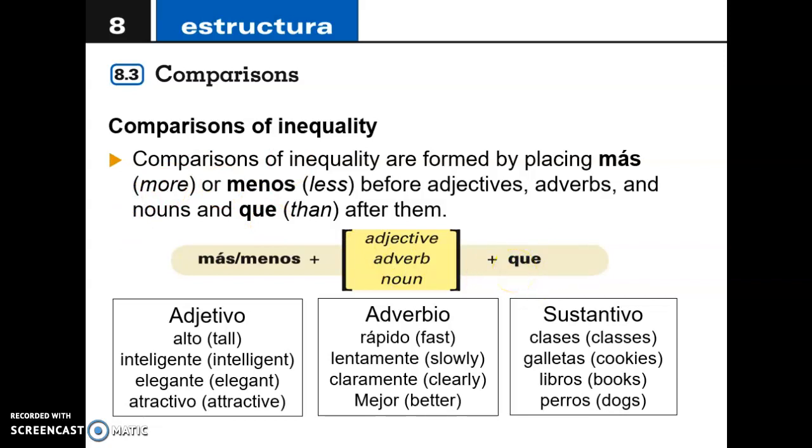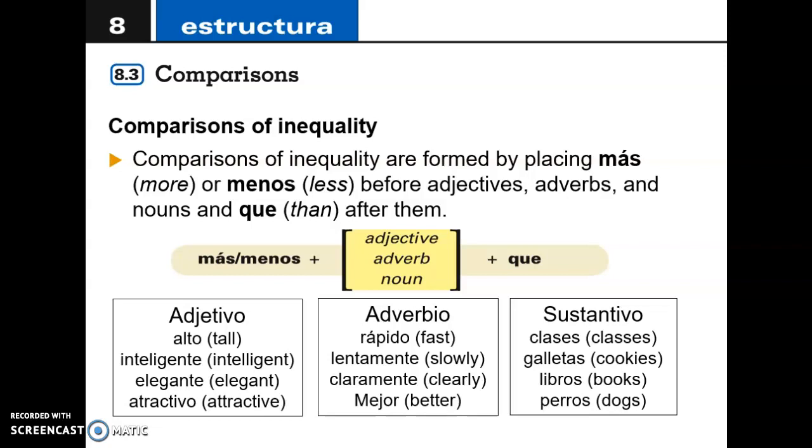That means than, okay? So over here, we are going to say more attractive than or more intelligent than, and that situation is very similar to English. So we have the word more or less, the adjective, adverb, or noun, plus the word que, that is going to be the equivalent to than in English.